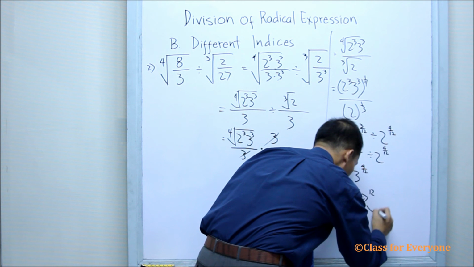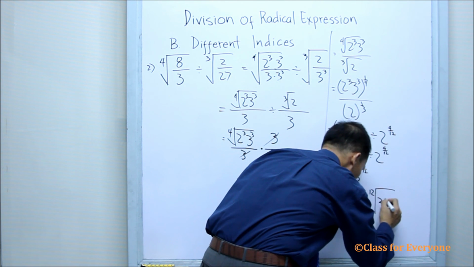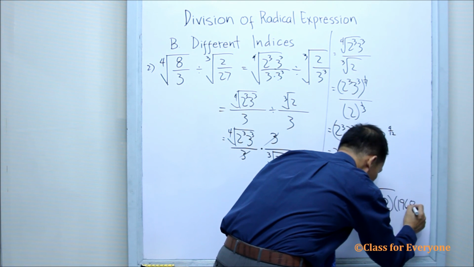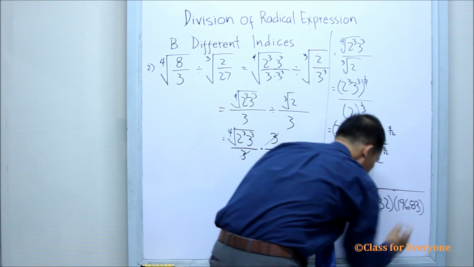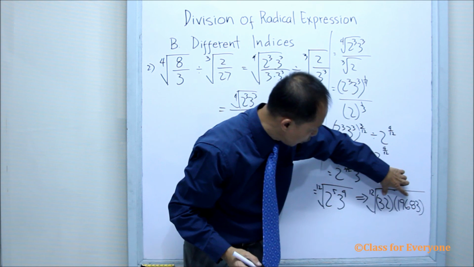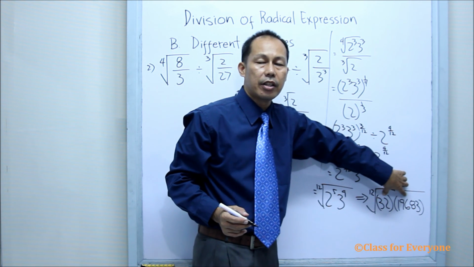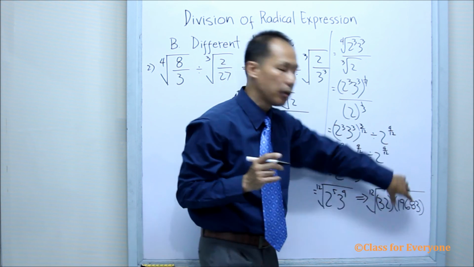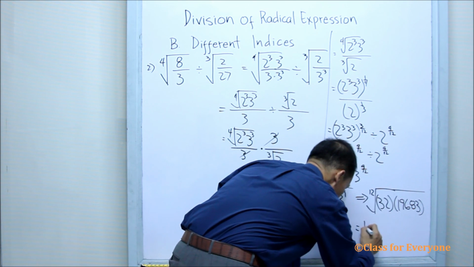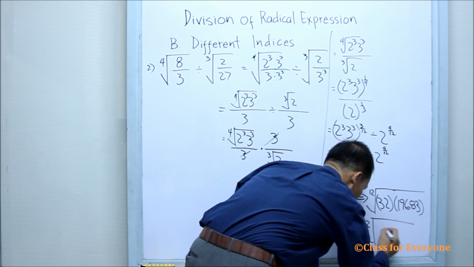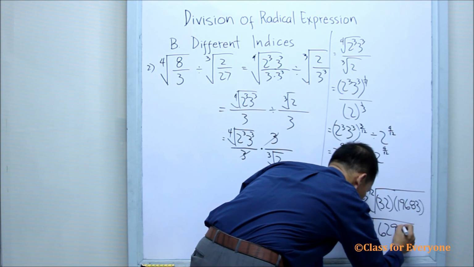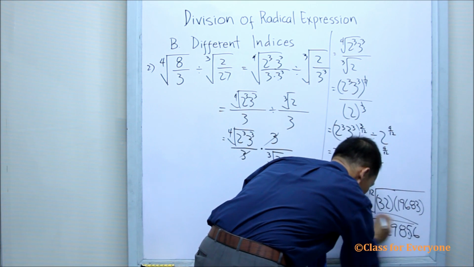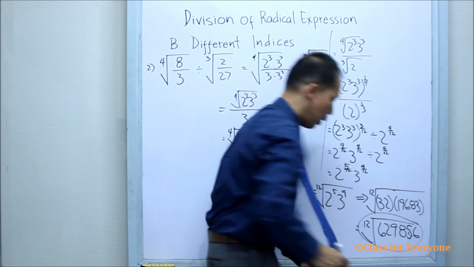So that will be the 12th root of 32 times 19,683. We're going to multiply. 32 times 19,683 is equal to 629,856. So the answer is the 12th root of 629,856. And that is the answer.